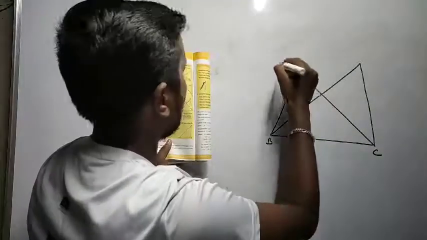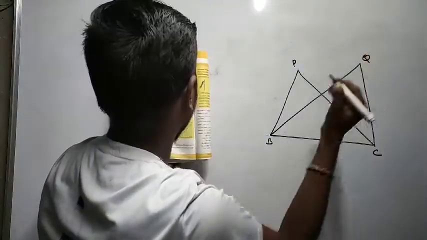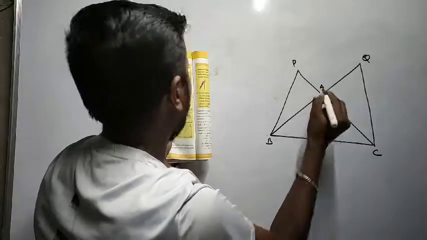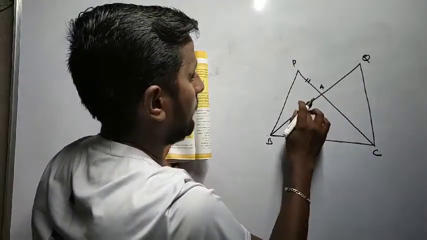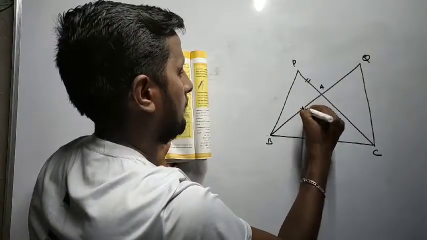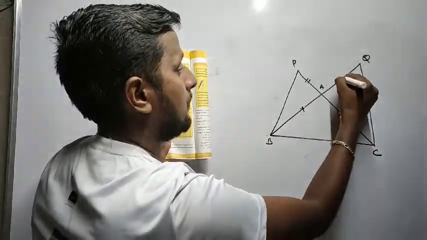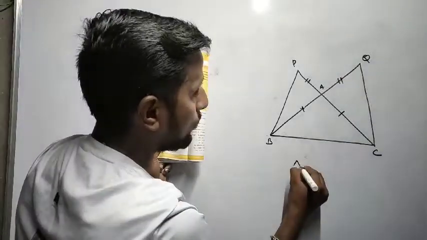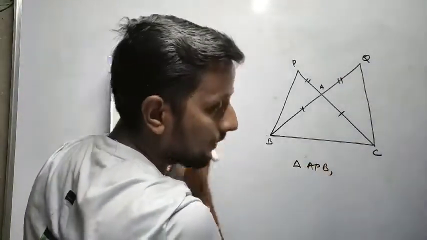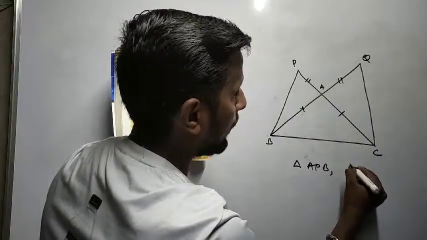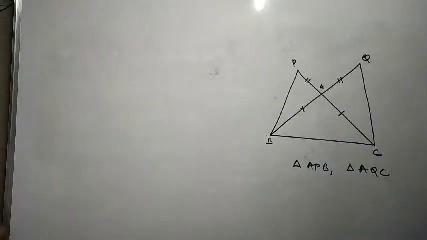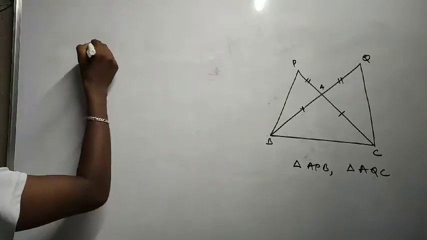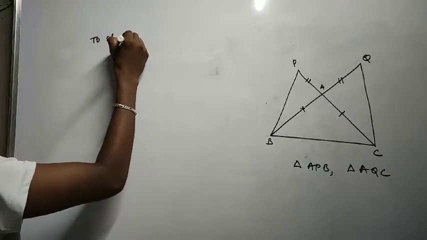B, C, P, Q. Here there is A. Now it is asking to compare triangle APB and triangle AQC. What do we have to show now?